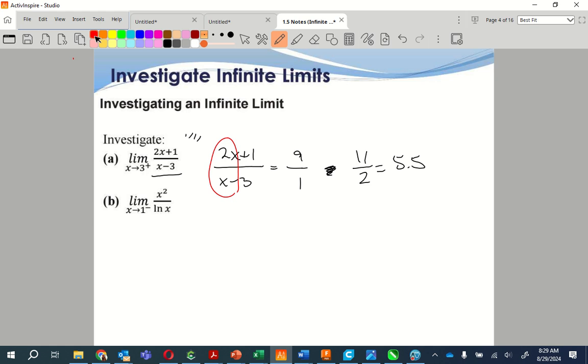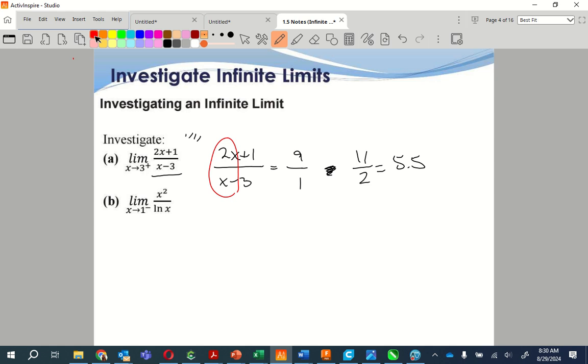Also, you guys recall, if the bottom has a larger degree, what would it be? It's going to go to 0. Because as we're racing to infinity, if it's a square on the bottom, it's going to race faster to infinity than the top.